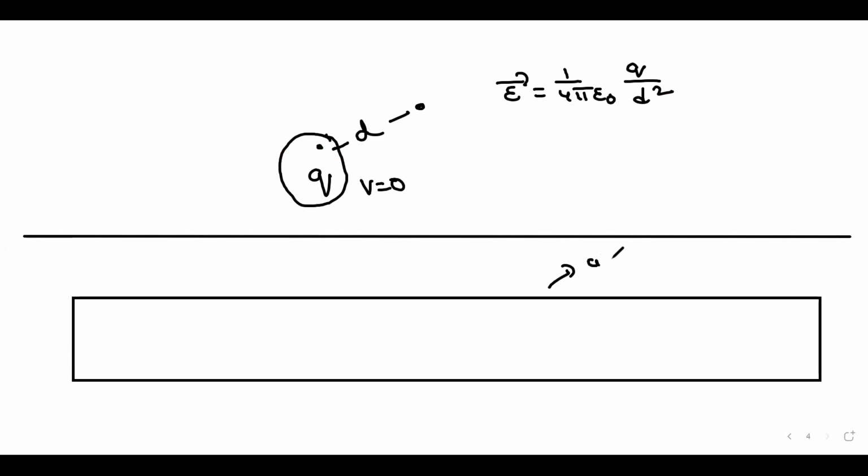This is a wire. Let's say we have current I in this wire. So what is current? Rate of flow of charges. Very good.